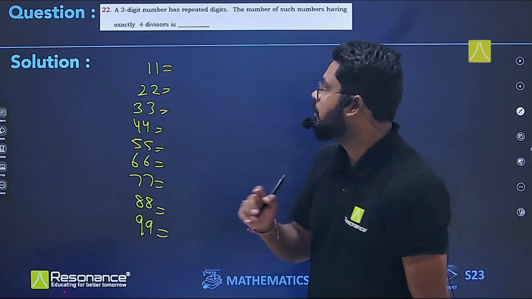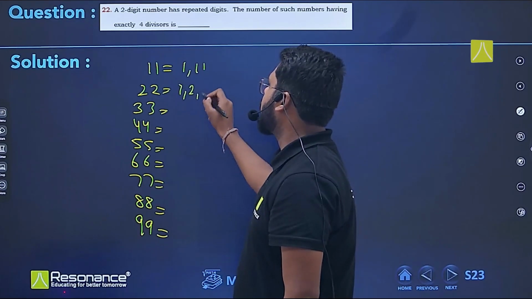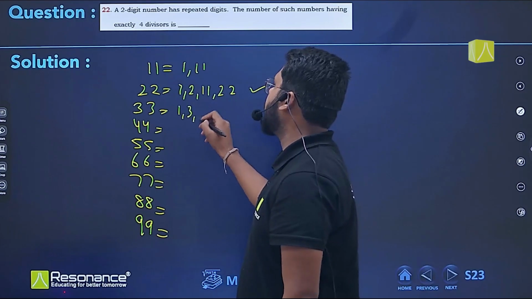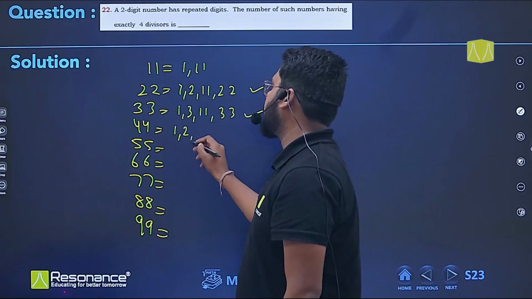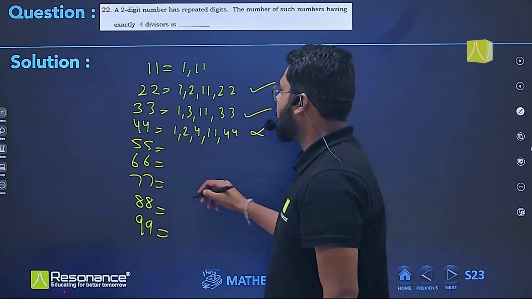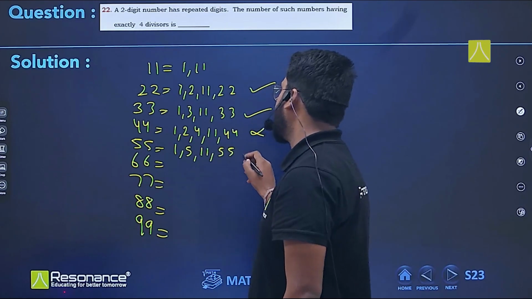For 11 it is 1 and 11. For 22 it's 1, 2, 11 and 22, so we are getting 4. For 33 it's 1, 3, 11 and 33, again 4. For 44 it's 1, 2, 4, 11, 22 and 44, so we ignore it. For 55 it's 1, 5, 11 and 55, again 4 divisors.